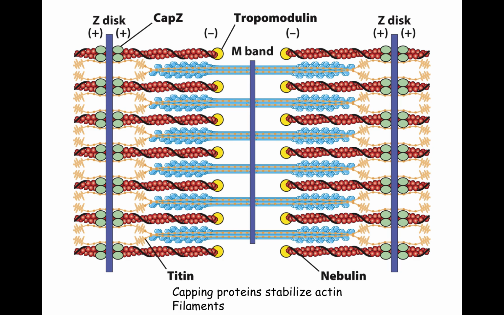And there's lots of different types of titin. So it's a giant protein that stretches all the way across this unit here, and interacts with myosin also. And it is very flexible in terms of how flexible your muscles are.